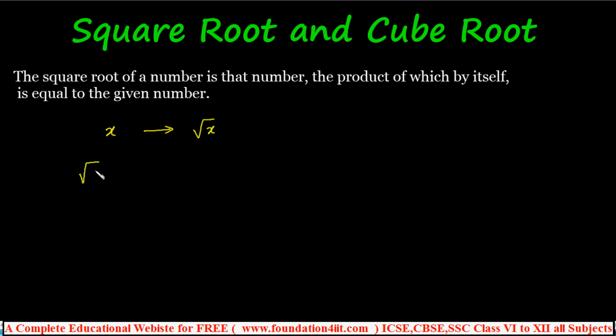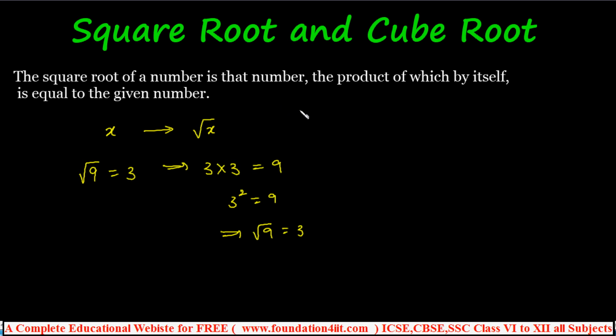That means square root of 9 is equal to 3 because 3 into 3 is equal to 9. 3 square is equal to 9, so just reverse, square root of 9 is equal to 3.